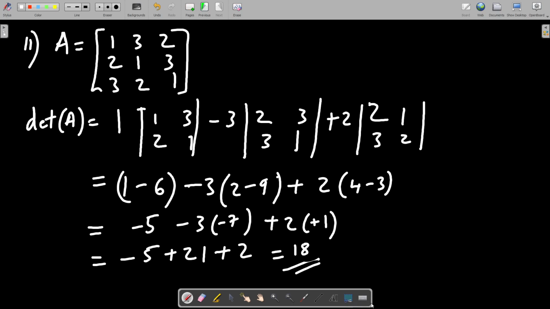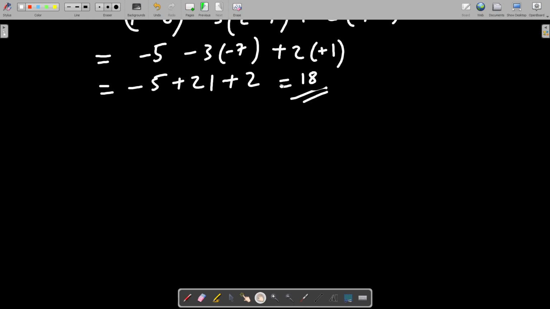One more we'll try. Example number 3. So in this case, my matrix A is given as, no, we won't take 0 there. We'll take 3, 0.